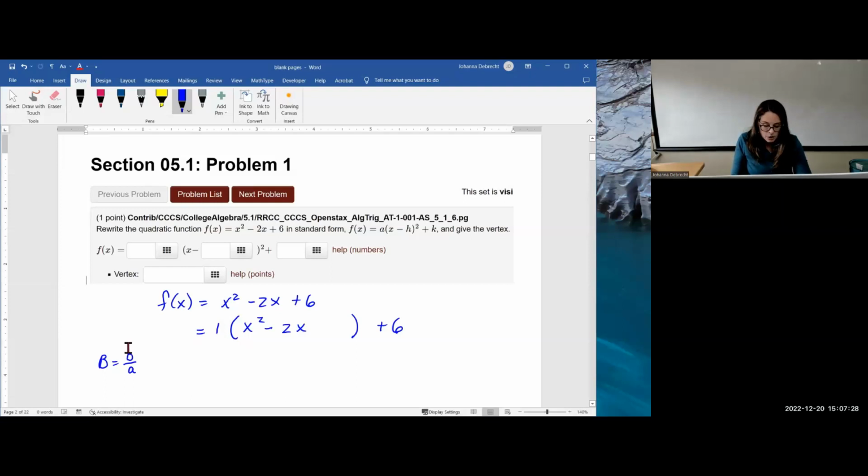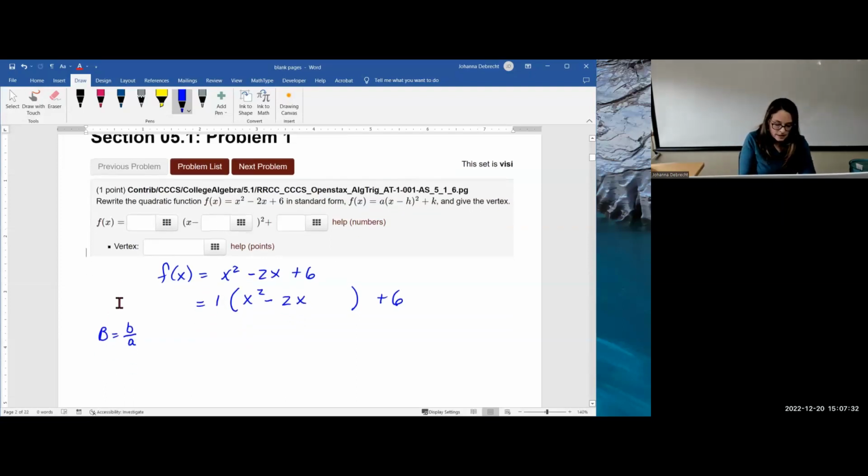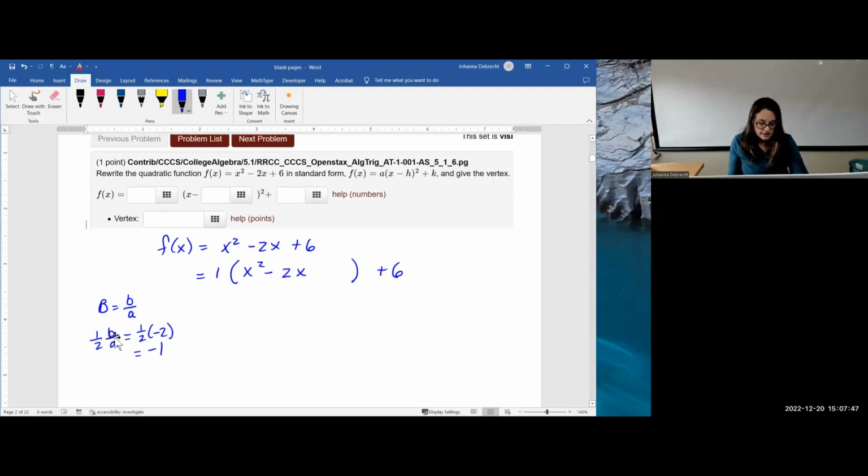So we're going to take half of b over a, which gives me 1/2 of -2, which gives me -1. Now, when I factor this, I'm going to have a -1 in the binomial, guaranteed.